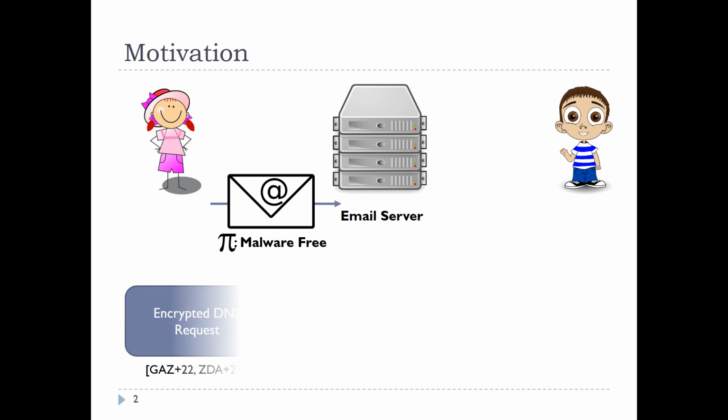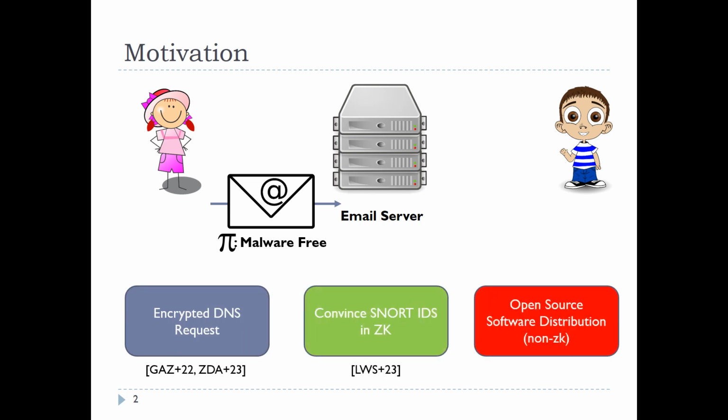So we have many similar application scenarios in the context of secure communication. For instance, one could certify that an encrypted DNS request has no blocked websites. Or one could convince a router that encrypted packets would already pass the intrusion detection system, but without disclosing their contents.